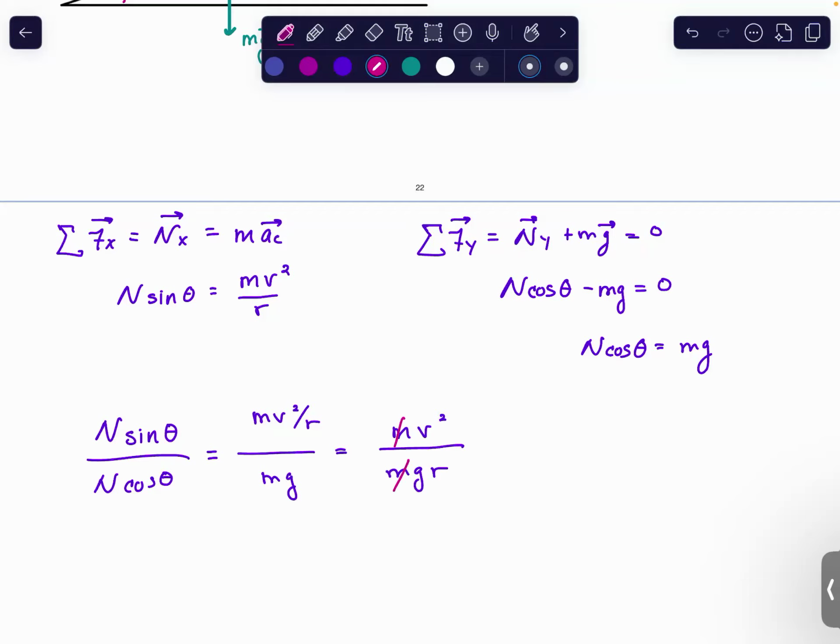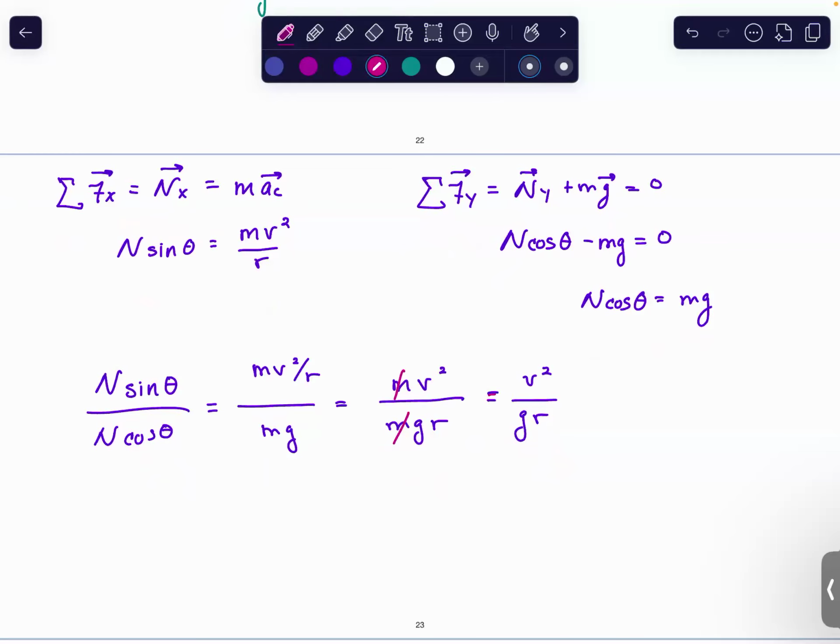Mass is going to go away. We end up with the speed we're looking for squared over gravity times r. You also notice that the n cancels itself out.